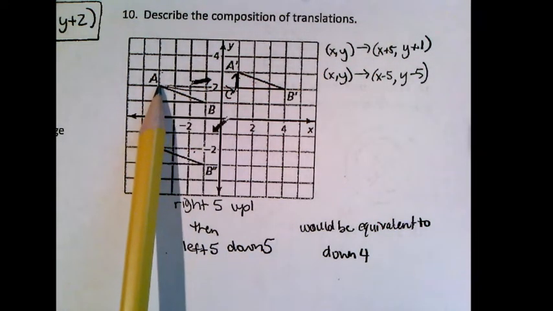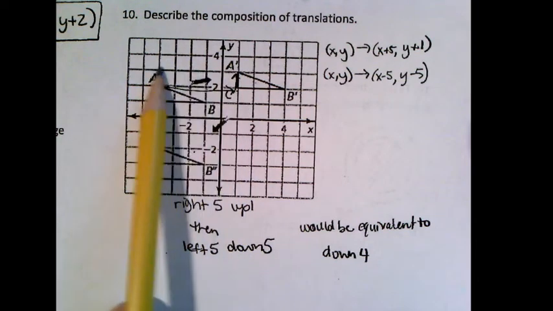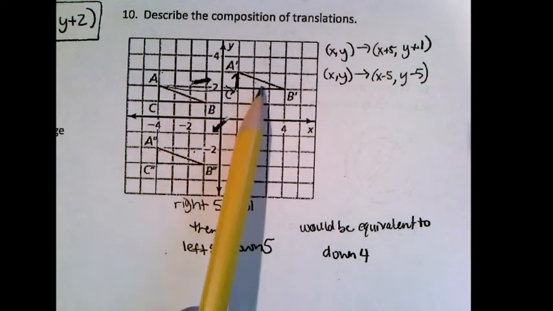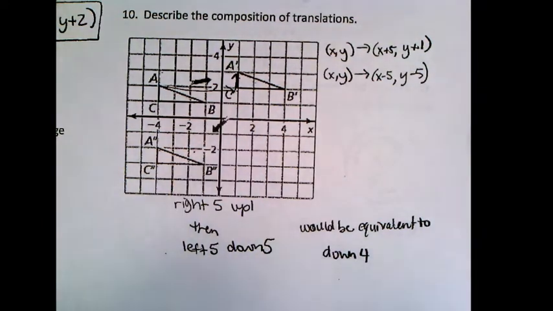But we went positive 5 and up 1, and then from here we went left 5 and down 5. So they want to know, what did it take to get to this one, and then what did they take to get from this one down to this one, and that's where these answers came in.